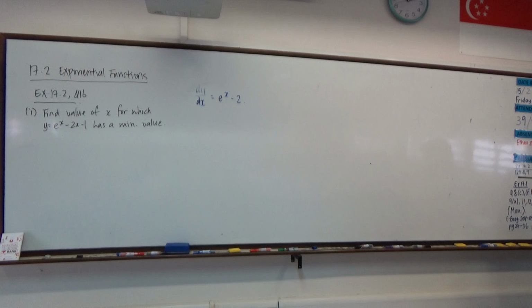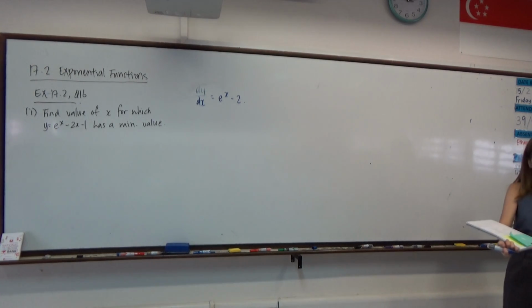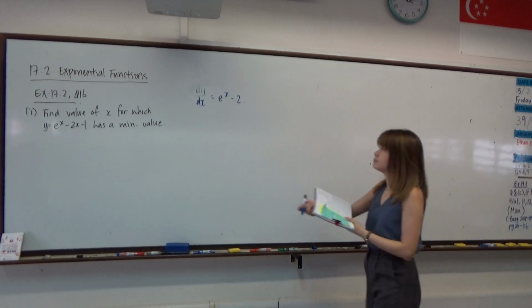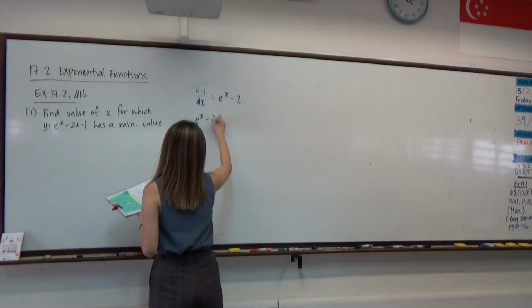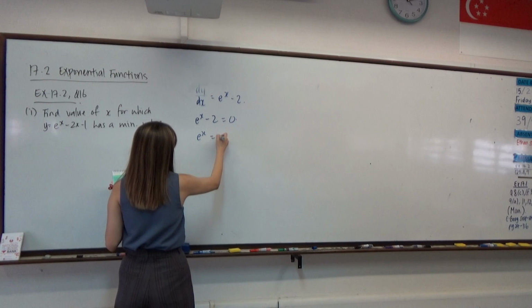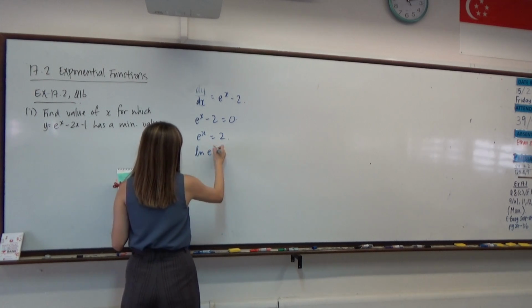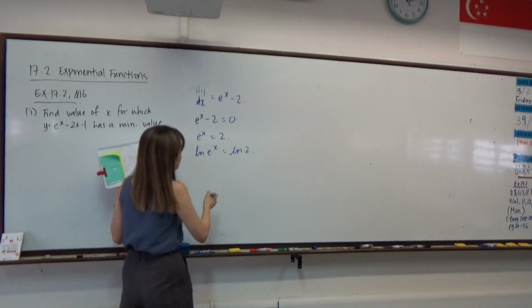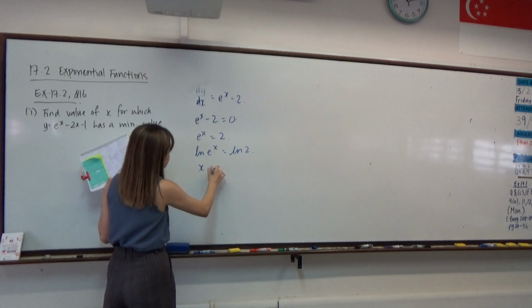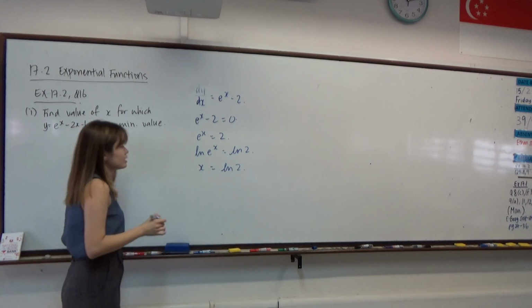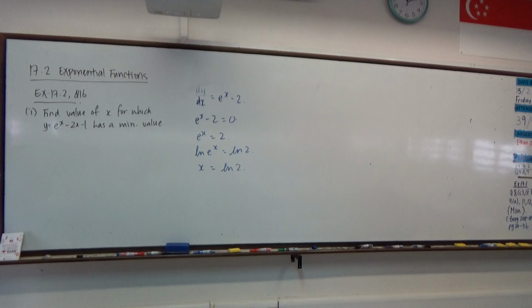Then since we're looking for a minimum value, what do we have to do with this? It will be equal to 0. Then we can apply logarithms on both sides. So x equals ln 2. Is this all for the answer? No. What else do we have? We have to check for the minimum.